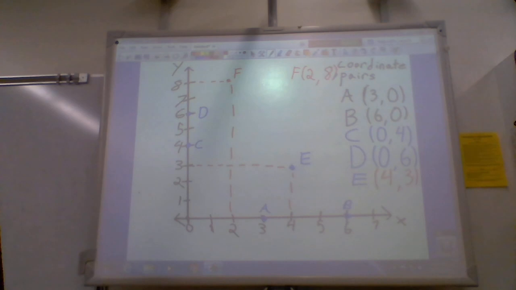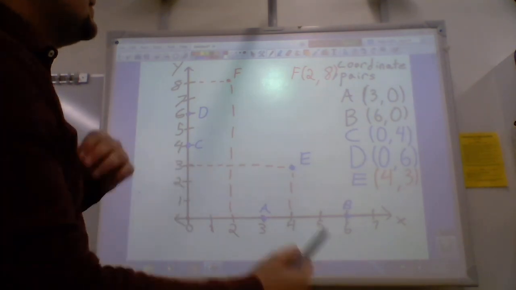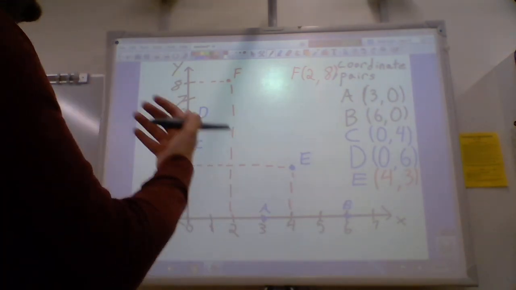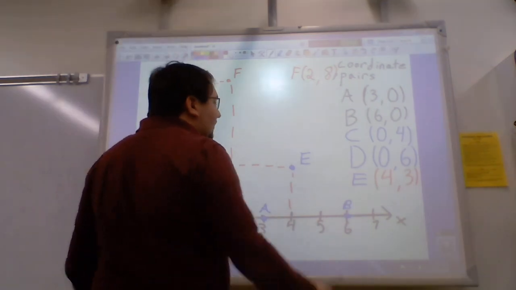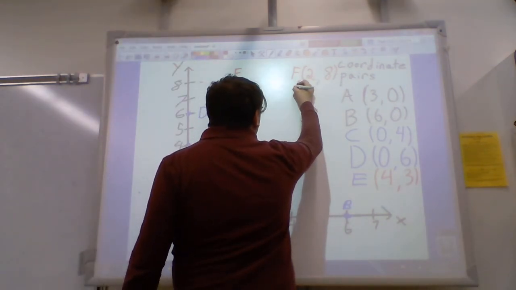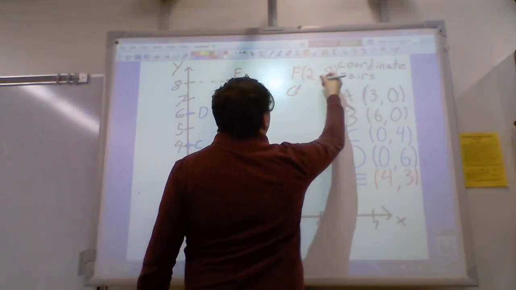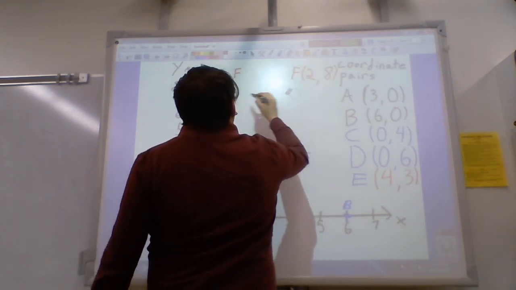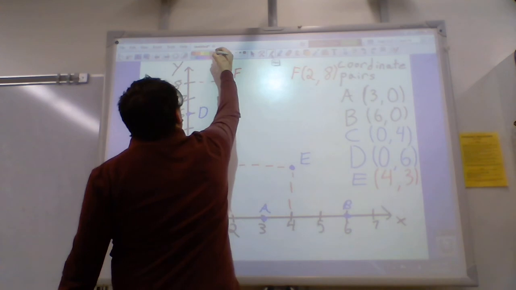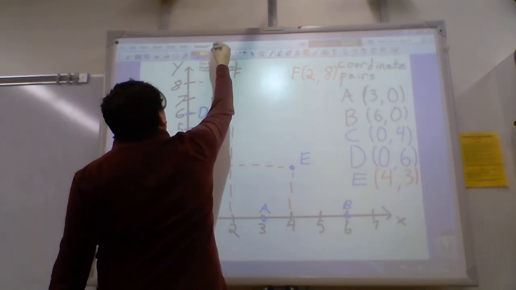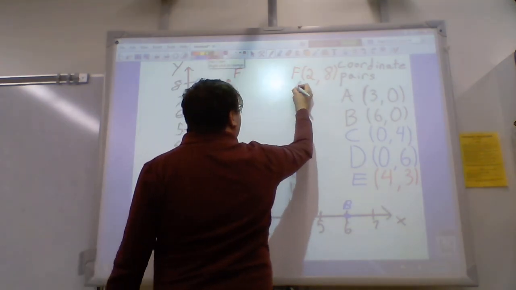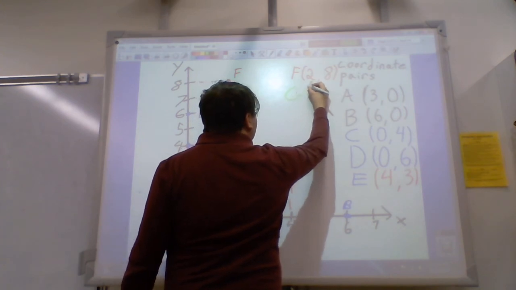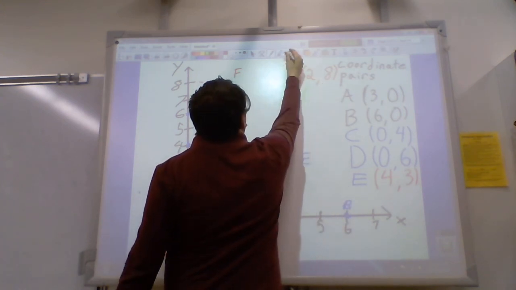So let's say, instead of plotting points and then finding the coordinate pair from them, let's say I want point G. Let's talk about point G. I'm going to do point G in a different color. I don't know if we can read that too well.